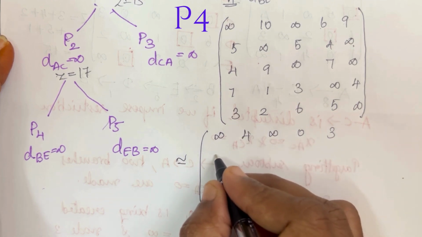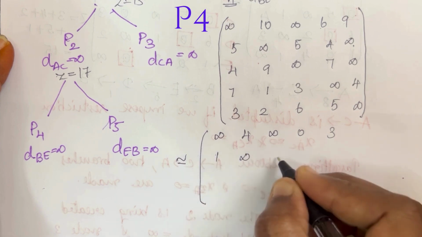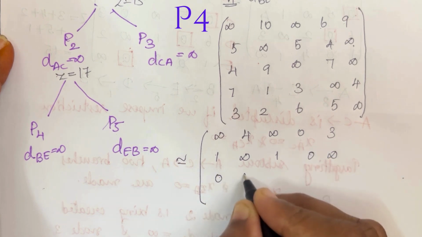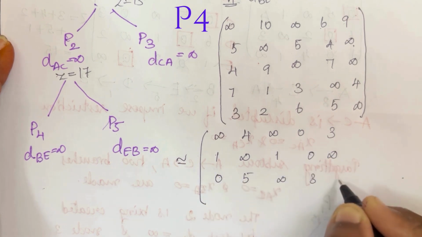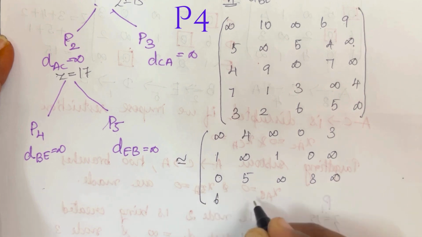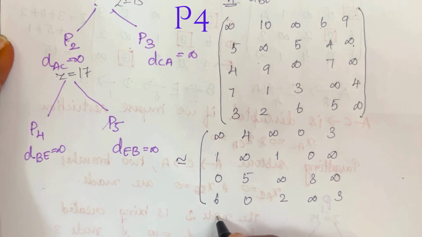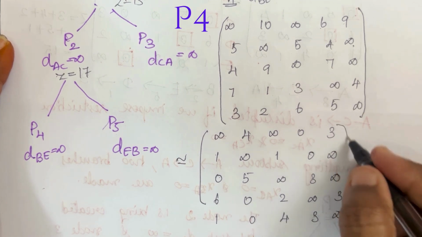And 4 is the minimum in the second row, so 1 infinity 1 0 infinity. And 4 is the minimum, 0 5 infinity 3 infinity, and 1 is the minimum, 6 0 2 infinity 3, and 2 is the minimum here, 1 0 4 3 infinity.